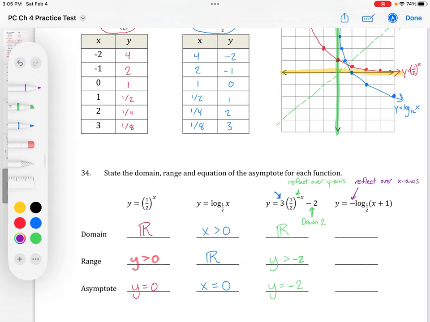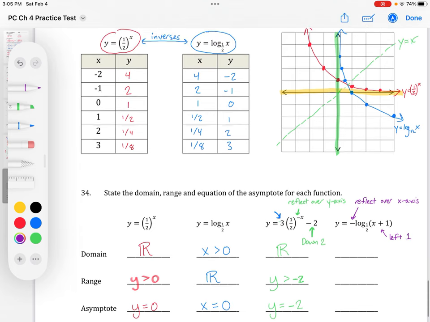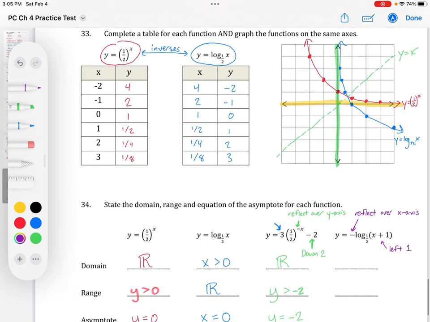Okay, so like if you think of your log function, it's going to flip upside down. And then this is going to shift everything left 1 unit. So if you look at your graph of log base 1/2 of x, what's going to happen is it's going to flip upside down. So it's going to be like this. But then it's also going to shift to the left 1.